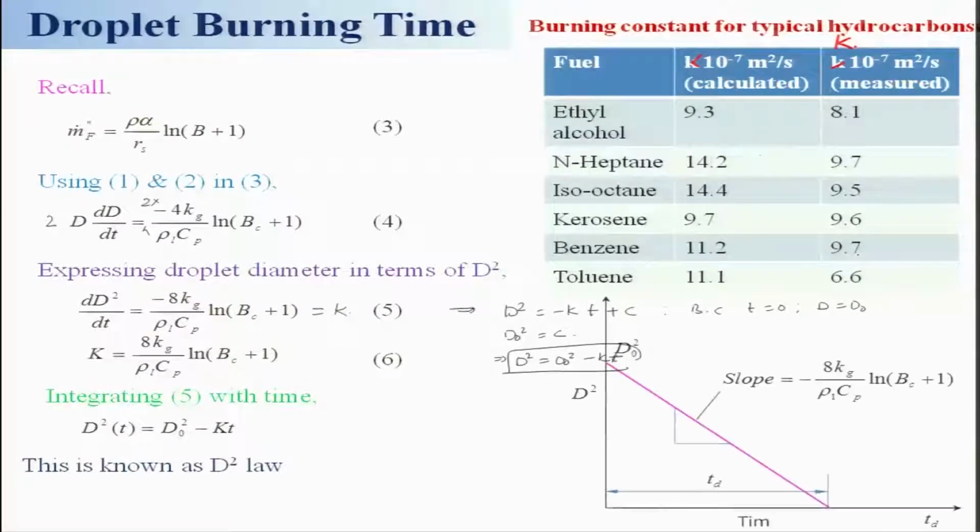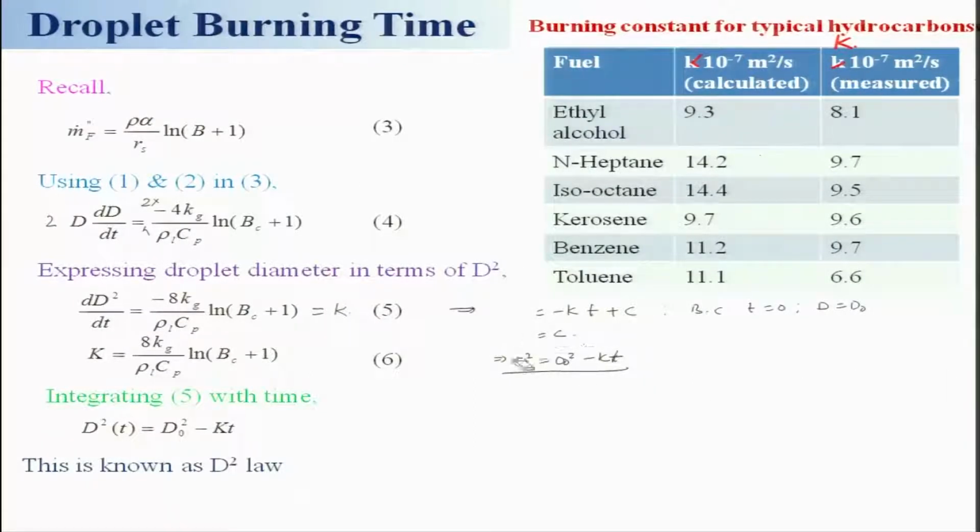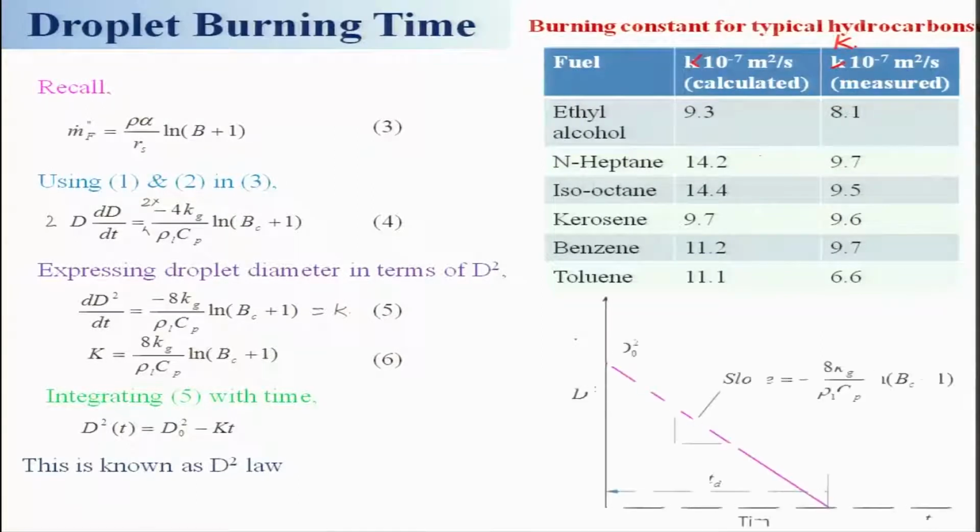Now, if I plot this, I will get d square against time, and this is basically the droplet diameter. This is droplet burning time, this is droplet burning diameter.